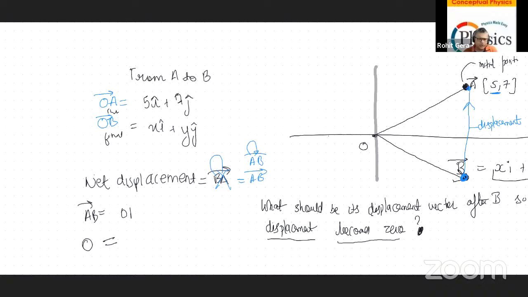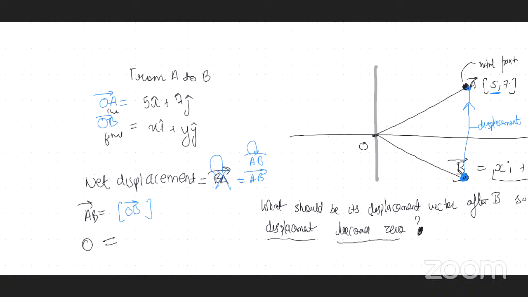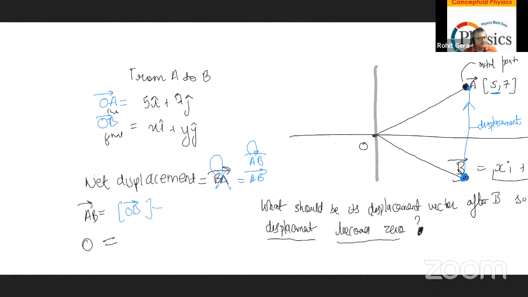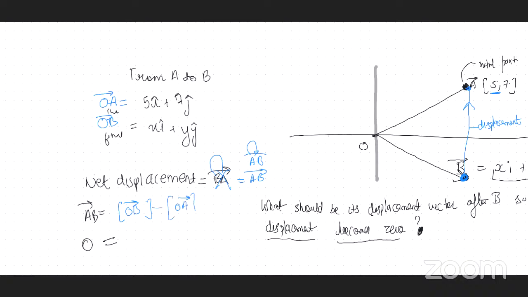I think I told you how to find AB. It was straightforward. The position vector of B, which is the final position vector, subtracted from the initial position vector.